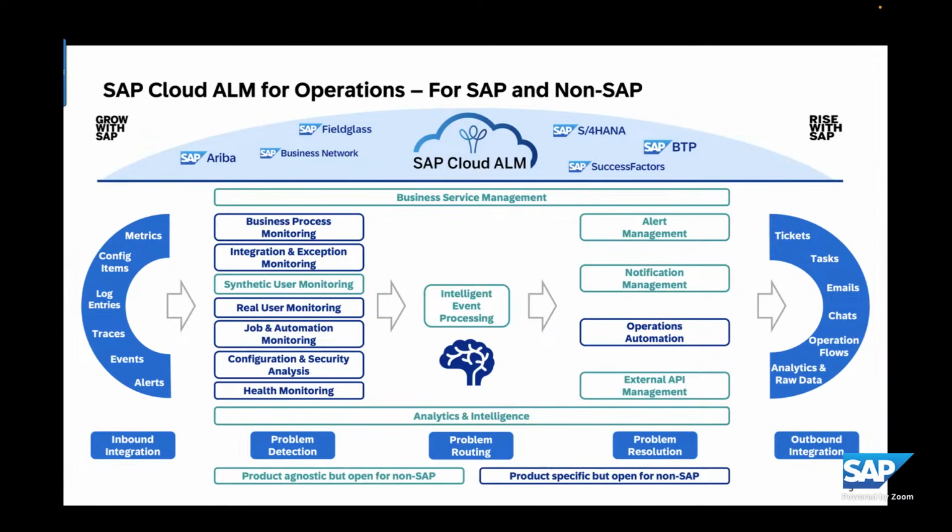We have a so-called problem detection section. Those are our main use cases which are available. As I said, we have different use cases available for all aspects in the operations part. In the middle, you can see our so-called intelligent event processing, where we have a problem routing in the end. And on the right-hand side, you can see what to do in a case of problem resolution.